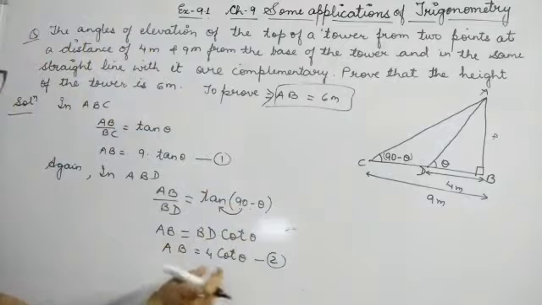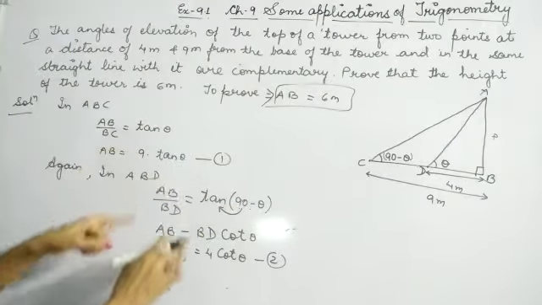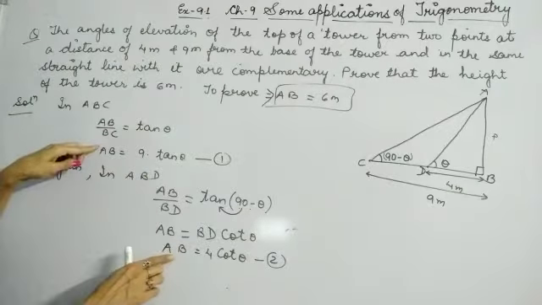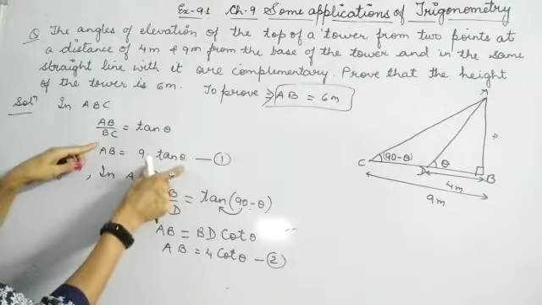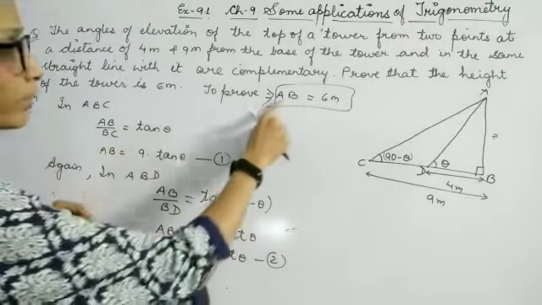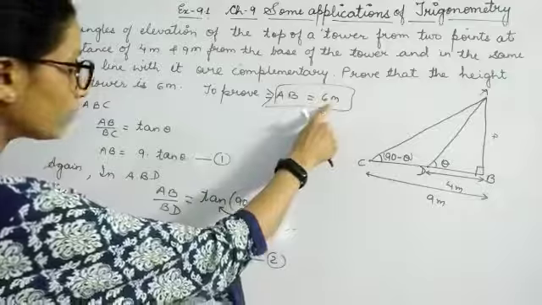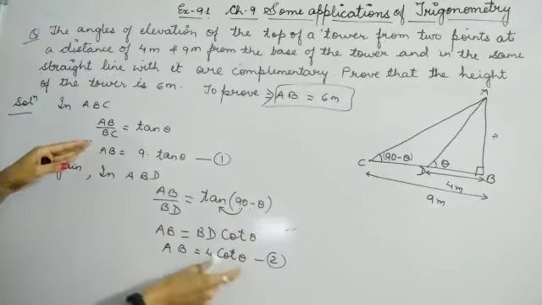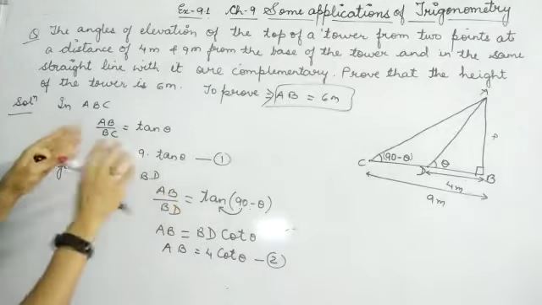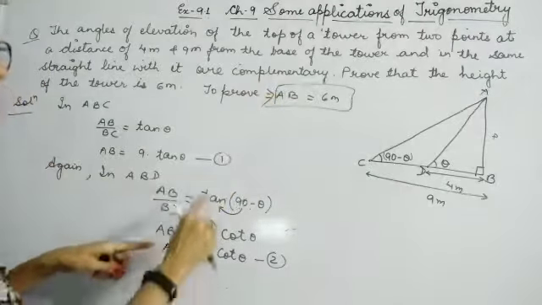Alright, now I don't know the value of theta, so I cannot simplify it further. Now from equation 1 and 2, you can very much see here that these are AB, that means these two are same. Alright, so what I can do? See what I have to prove, AB equal to 6 meters. If I replace this AB with this, then it will not be workable because I need AB in my solution.